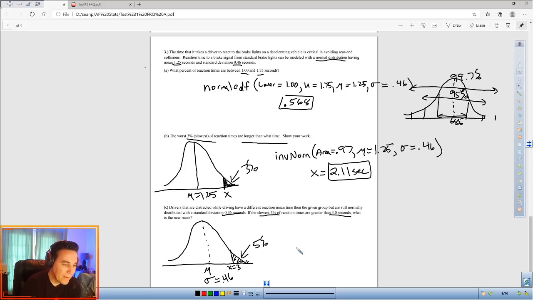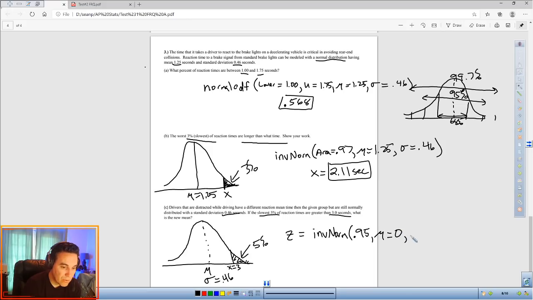So what am I going to do? Well, first thing I'm going to do is find the z-score for that location. So the z-score for that location would be inverse norm, and area is going to be 95% to the left. The mean is, oh shoot, we don't know the mean.